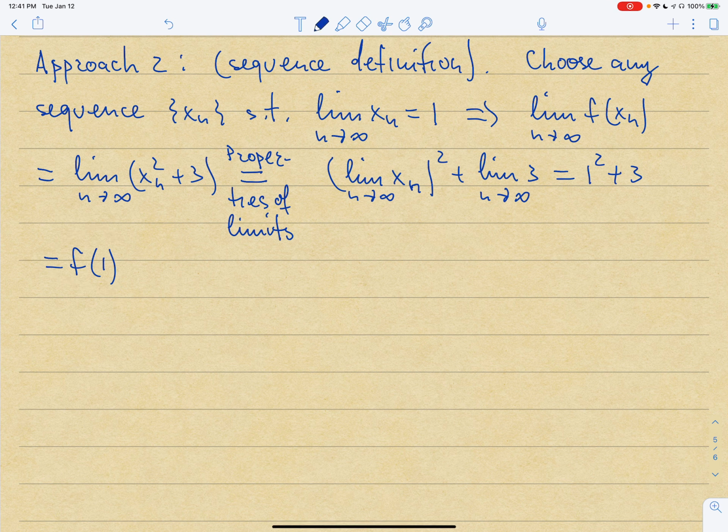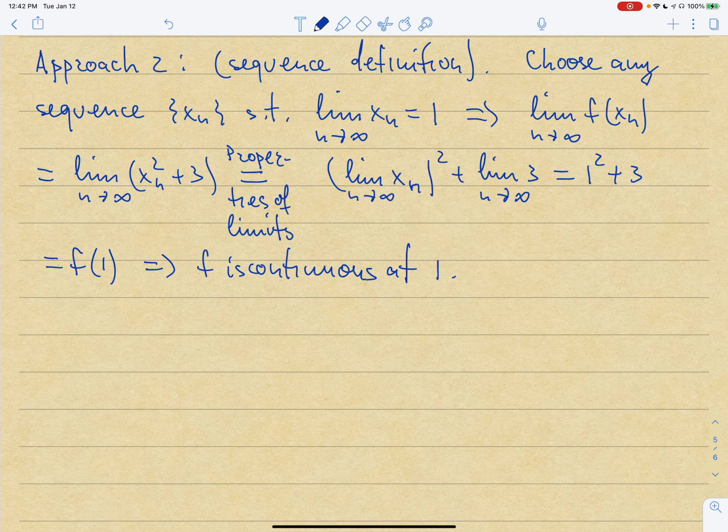Okay, so then f is continuous at 1. That's it. That's the proof by using the sequence definition. Why is the sequence definition dramatically simpler?